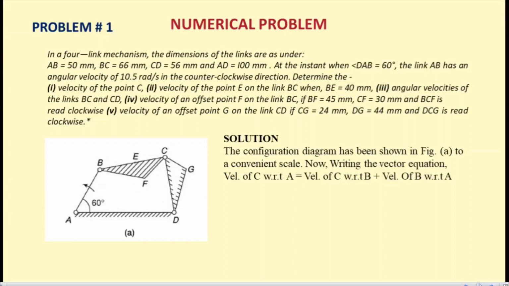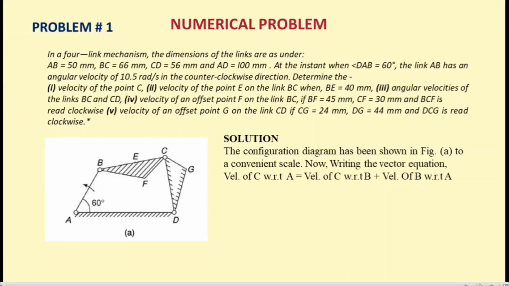Number 2, velocity of the point E on the link BC when BE equal to 40 mm. Number 3, angular velocities of the link BC and CD. Number 4, velocity of an offset point F on the link BC if the length BF equal to 45 mm, CF equal to 30 mm, and BCF is read clockwise.